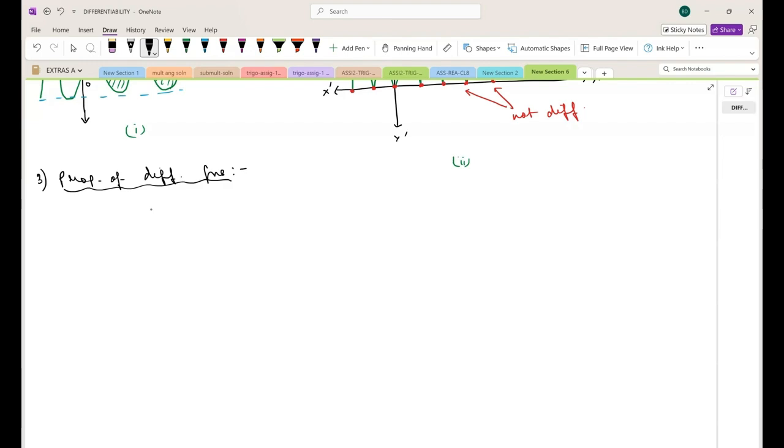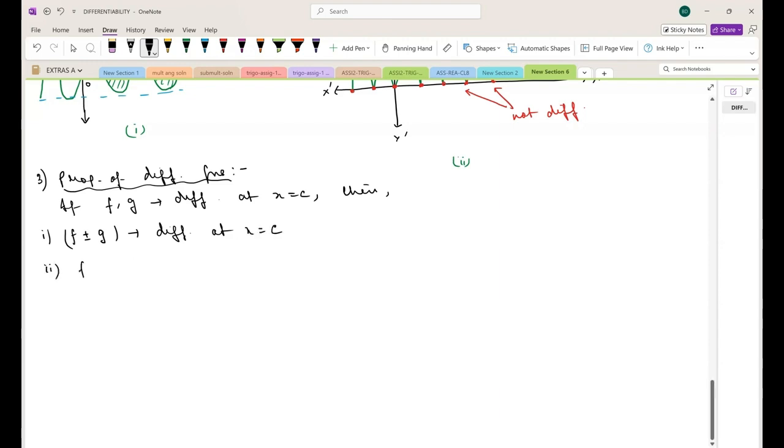if f, g are differentiable at x equal to c, then number one, f plus minus g, that is addition as well as subtraction, the new function that you get will also be differentiable at x equal to c.